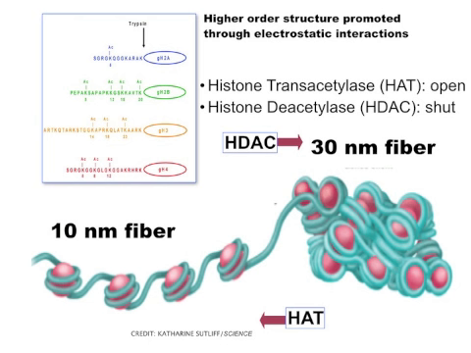And in this way, the 10 nanometer fiber becomes associated more strongly with the histones, and condenses to form the 30 nanometer fiber again, to adopt a shut conformation, thereby reducing access to the DNA. In this way, histone deacetylases decrease transcription.